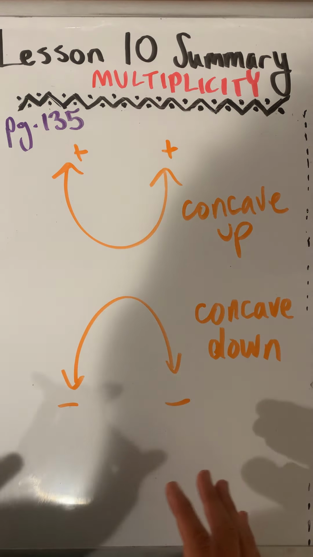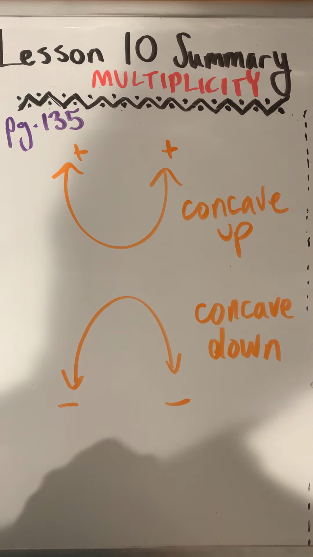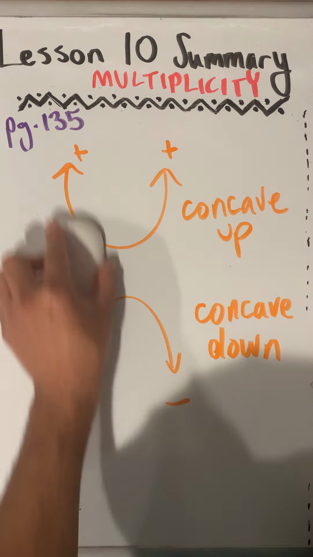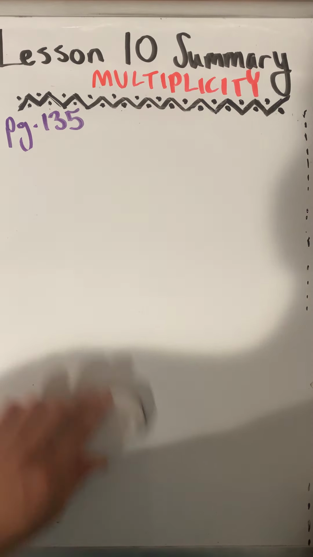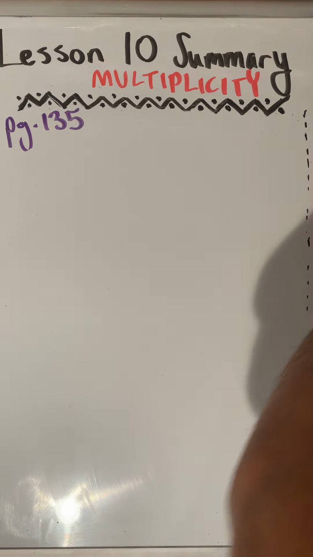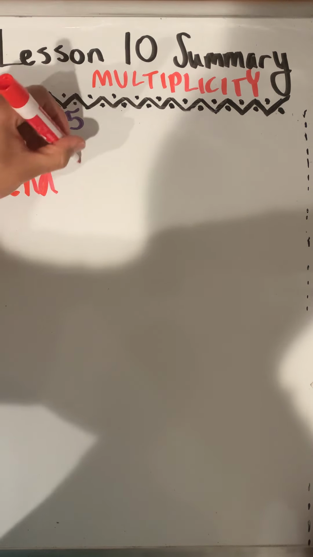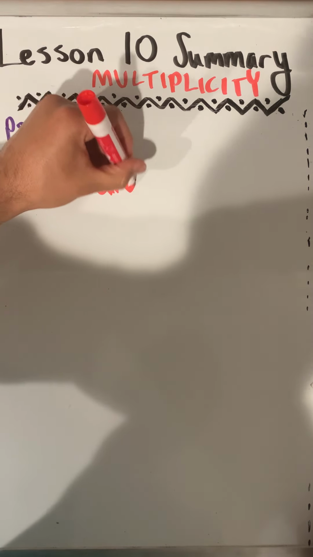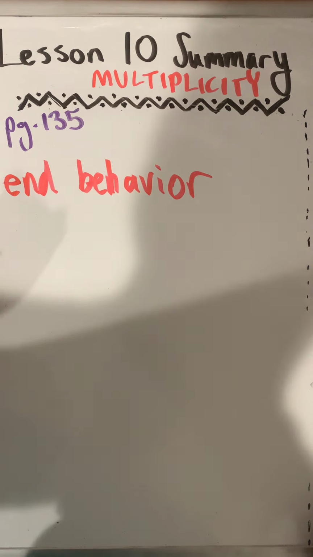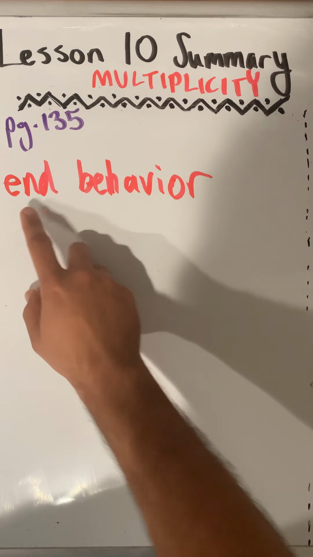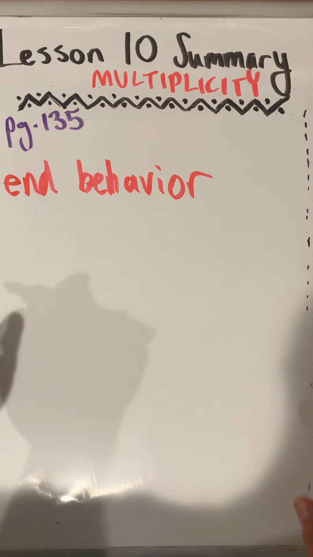Okay, so what we're gonna do is go way more in depth here in Algebra 2 than that, and it's this thing called end behavior. Okay, so get ready, buckle up, because this one's a little lengthy. So it's called end behavior. And it's exactly what it sounds like. How does your function behave at the ends, at the tips, right?